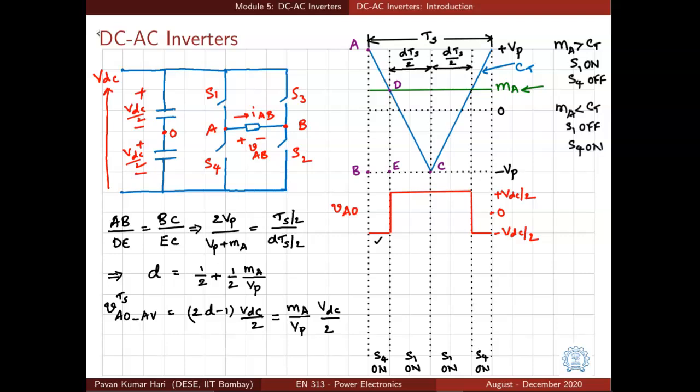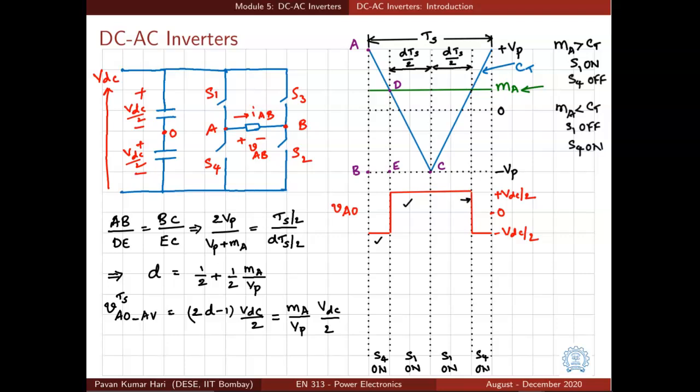And then Ma becomes greater than Ct. So S1 becomes on and VAO becomes equal to plus VDC by 2. And it continues to be so till this instant. And at that instant, again Ma becomes less than Ct, or Ct is increasing, so Ct becomes more than Ma.